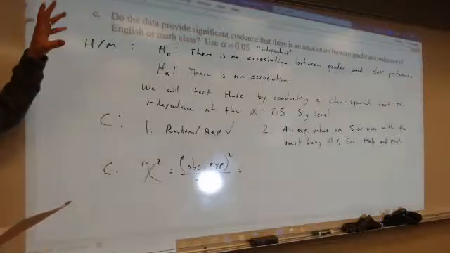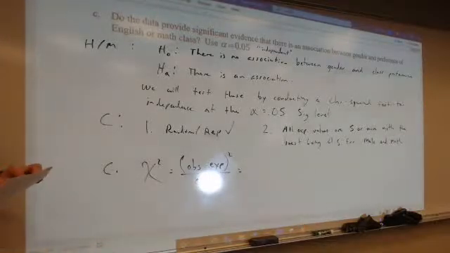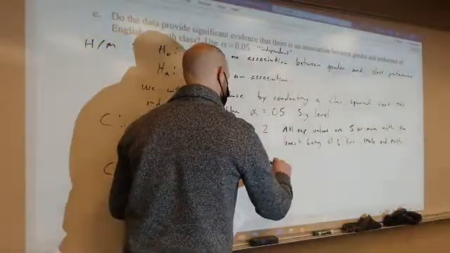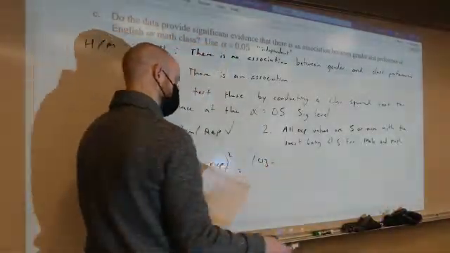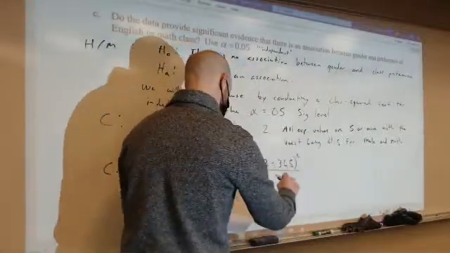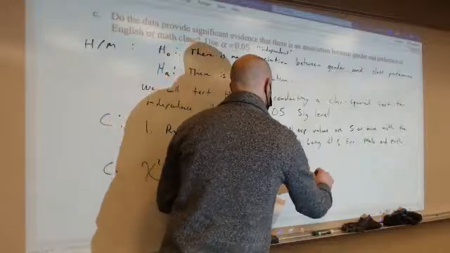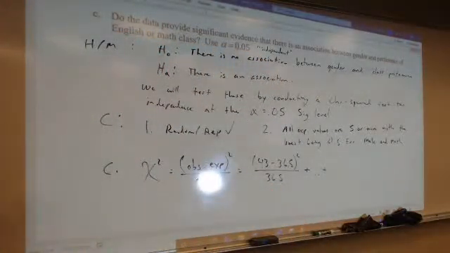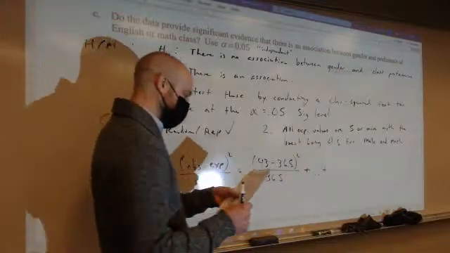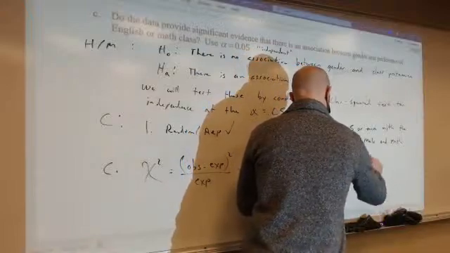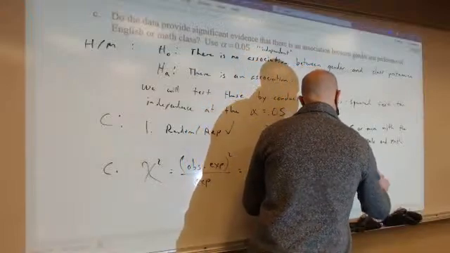So the first box, which had an observed of 43 and an expected of 36.5, over 36.5. I'm going to do dot, dot, dot. And then I'm going to do the last box. So that would be 28 and 21.5.